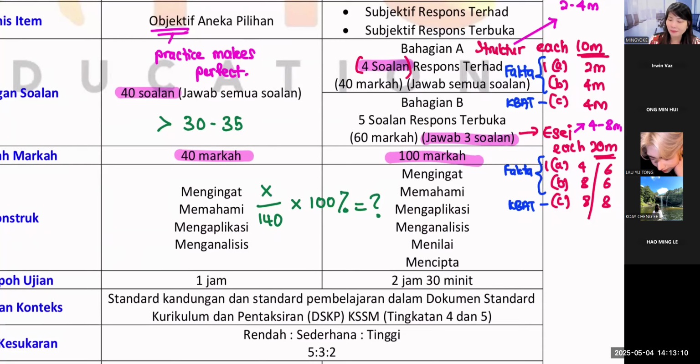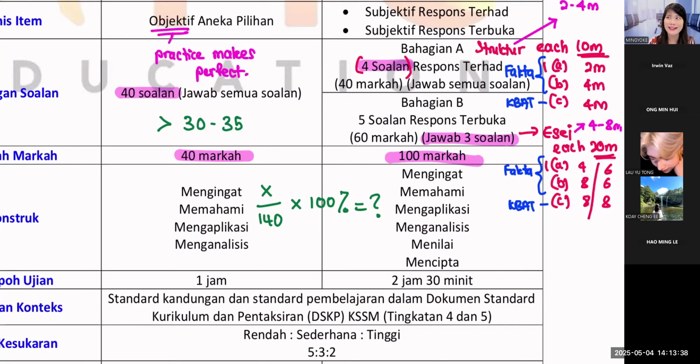So it will be 4 marks, 8 marks, 8 marks, or 6, 6, 8 also can. In total 20. So for the essay, the general rule is minimum 4, maximum 8 marks.